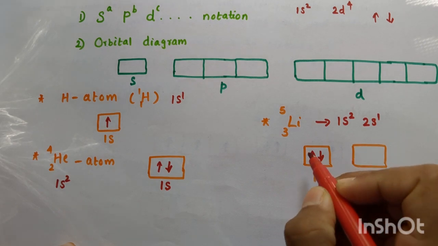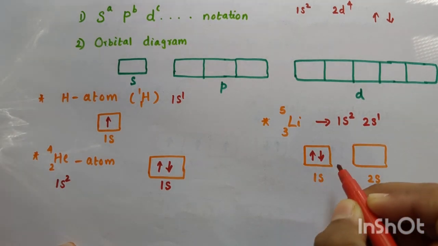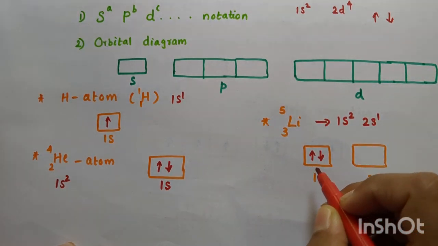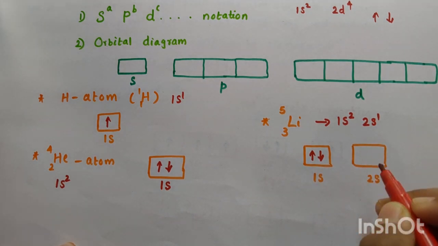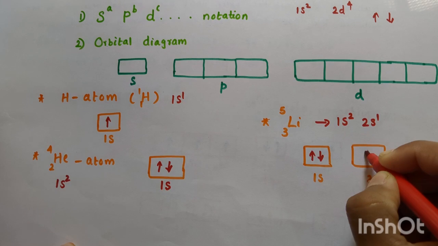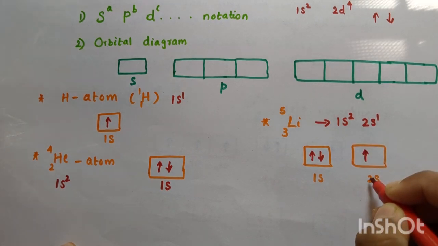The third electron of lithium is not allowed in the 1s orbital because of the Pauli exclusion principle. Therefore it takes the next available choice, the 2s orbital. So the third electron will be here in the 2s orbital.